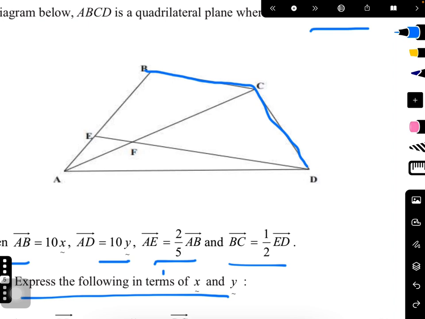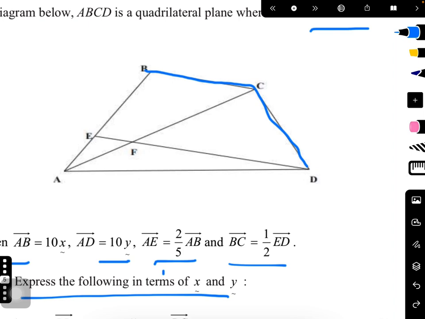We can find BD by using the laws that we have learned: either the triangle law, the parallelogram law, and what is the last law?